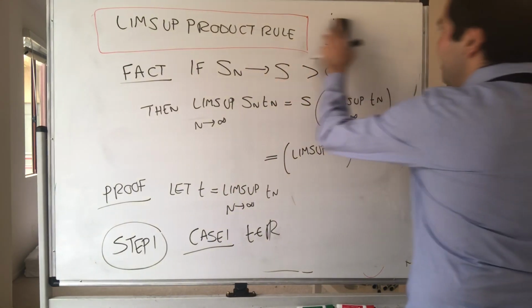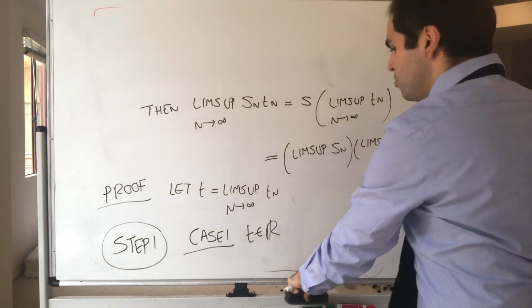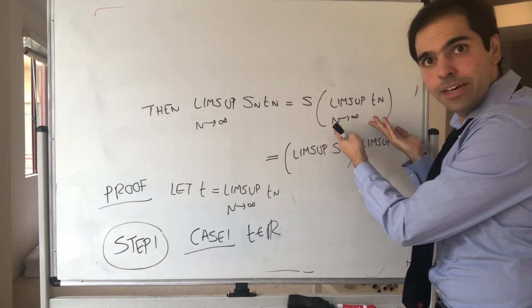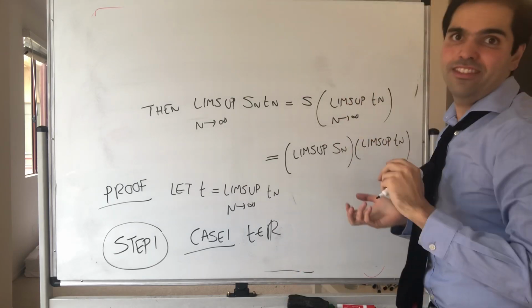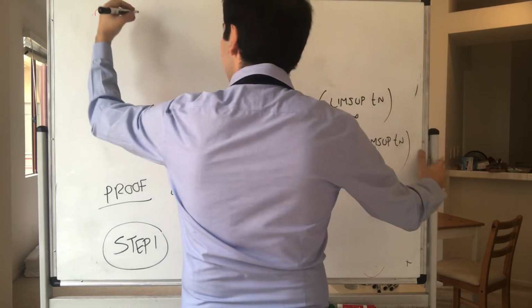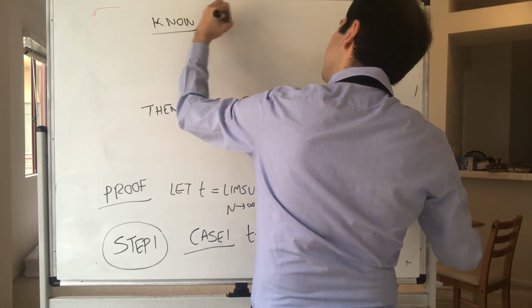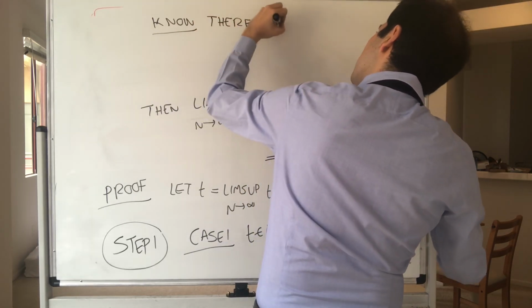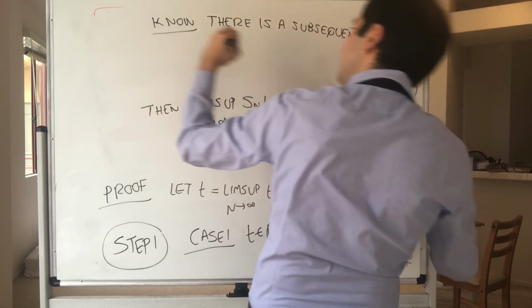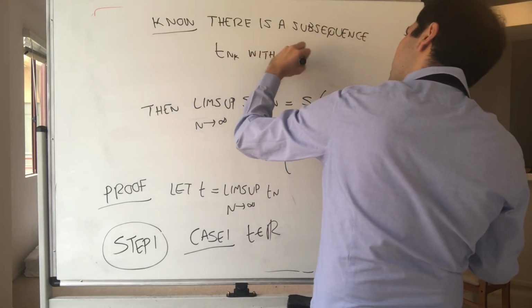Now here's the thing. Again, you do not need to know anything about Limsups. Because, remember, there's this beautiful fact that even though Limsup is an abstract concept, we can always attain it with a subsequence. So by this very complicated proof I did a couple of videos ago, we know there is a subsequence Tnk with Tnk converging to the Limsup.